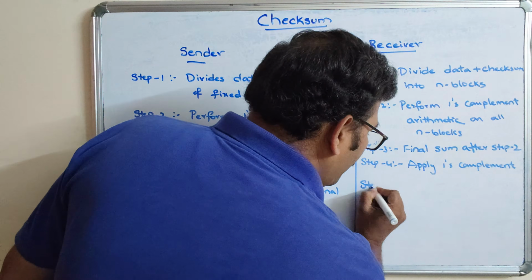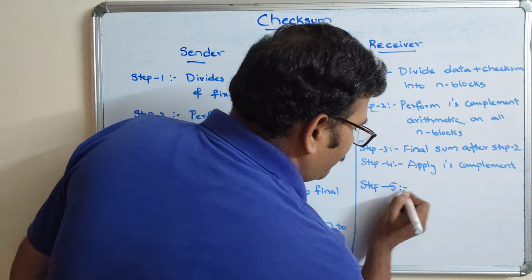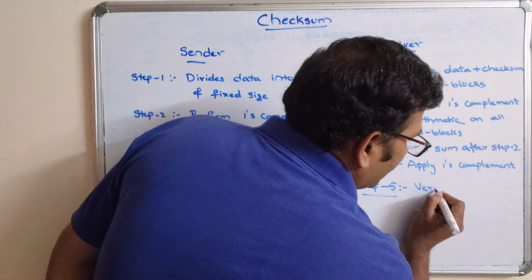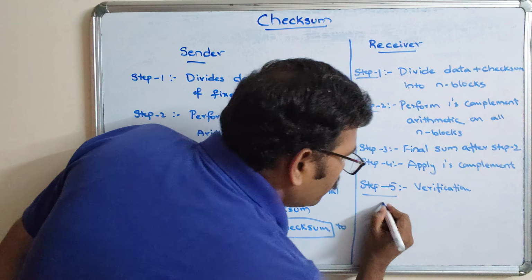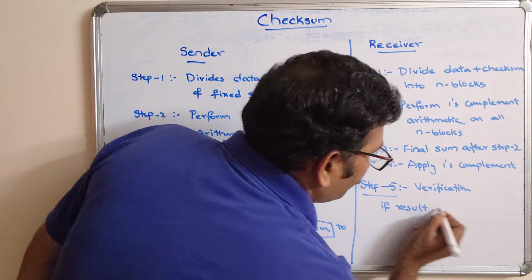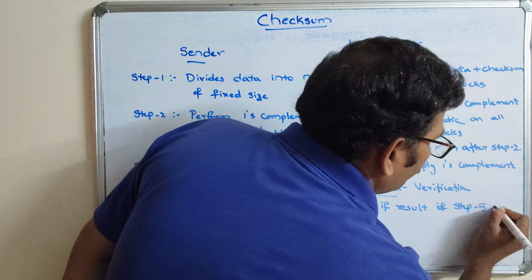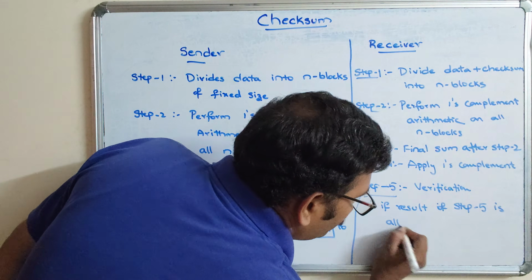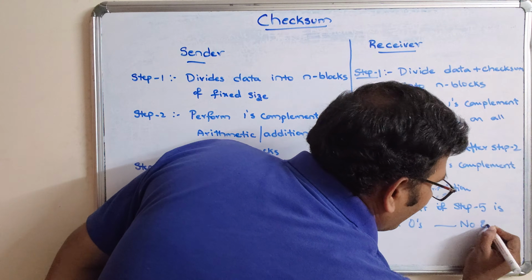Step 5, which is the most important on the receiver side, is verification. If the result of step 5 is all zeros, that implies no error.